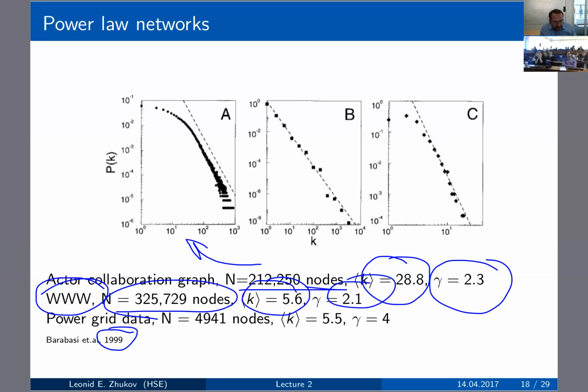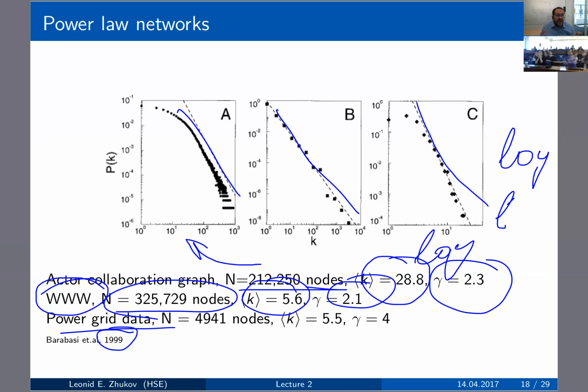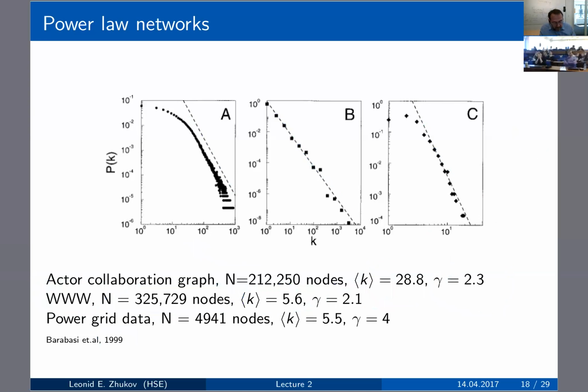And there are many other data sets, like power grid data, et cetera. But the point is, if you put it in log scale, what you see here are straight lines, which is amazing, considering these are very, very different applications and domains.